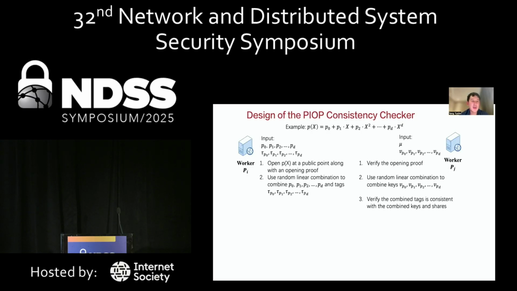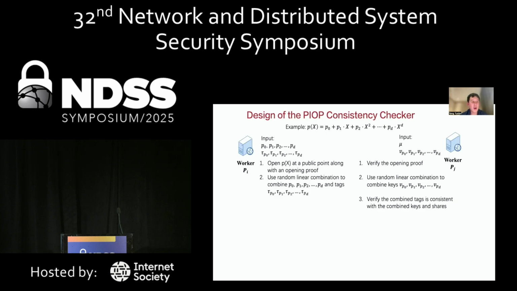Suppose a worker has the inputs p0 to pd along with the corresponding tags, and the worker Pj has mu and VP0, VP1 to VPd as the corresponding keys.